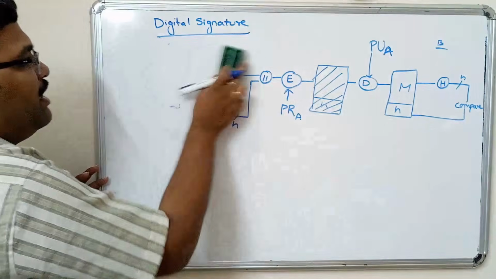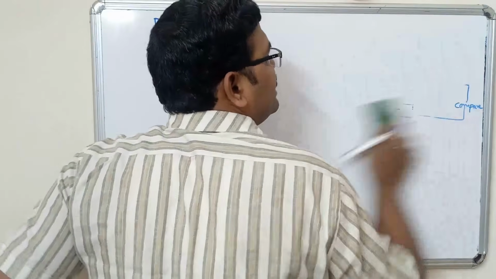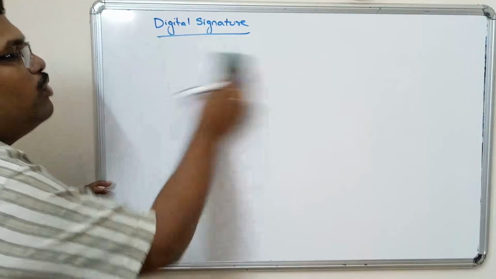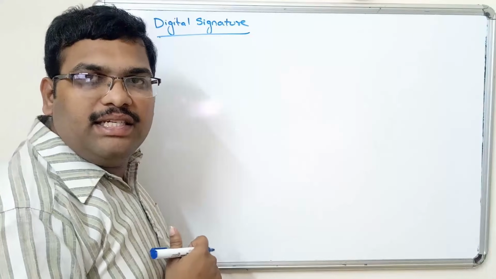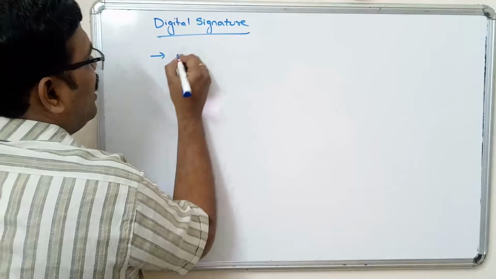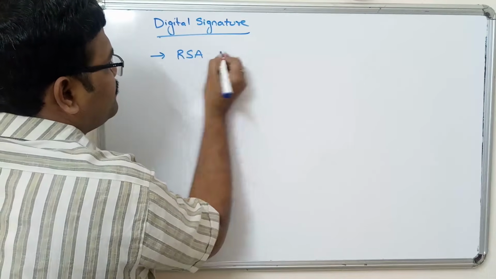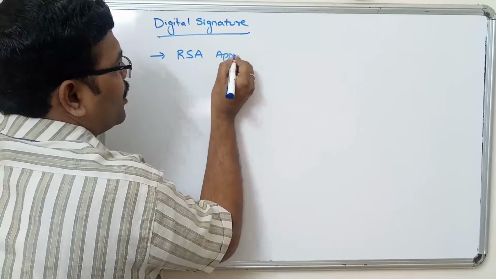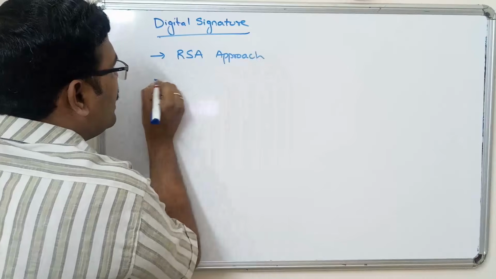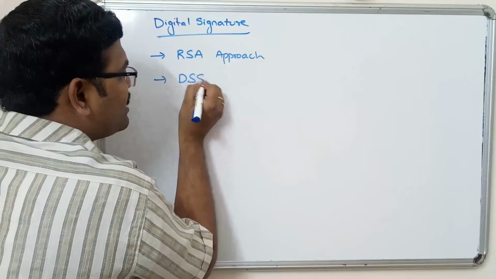In this digital signature approach, there are two approaches for digital signatures. One is the RSA approach, and another is the DSS approach.